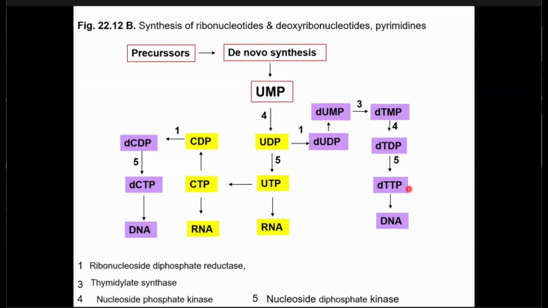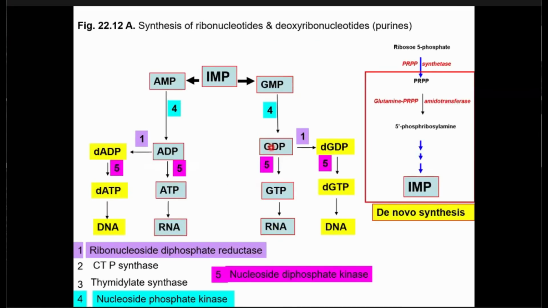The dTTP that makes the DNA comes from the UDP. This is the most important information from this slide.